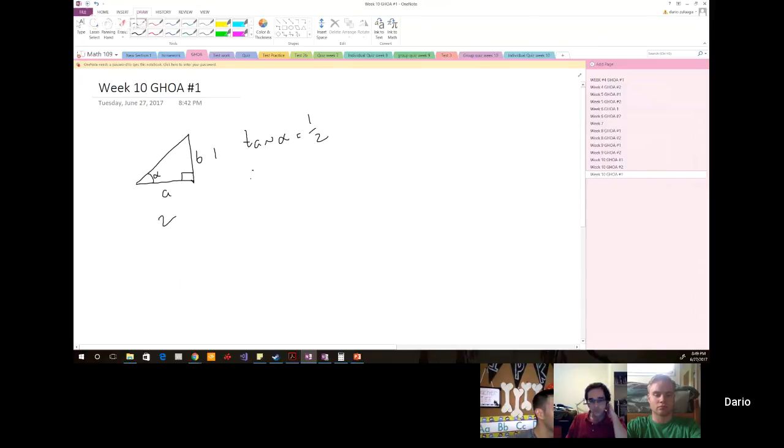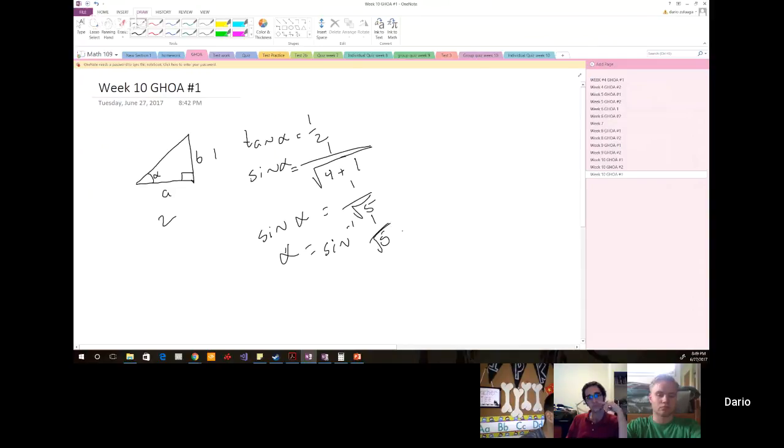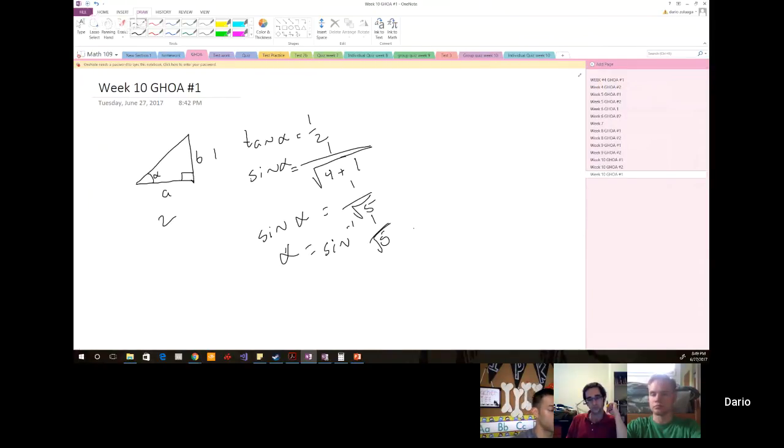Or sine of alpha is equal to 1 over the square root of a squared, which is 4, plus b squared, which is 1, so sine of alpha is 1 over the square root of 5. I won't go into cosine. Then alpha is the arc sine of 1 over the square root of 5, or arc tangent. That's basically finding the angle in this case.